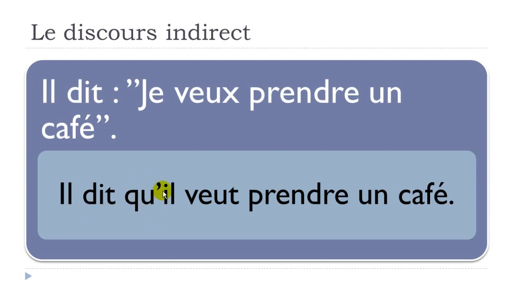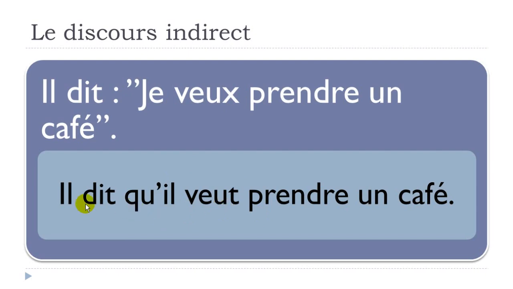So you will put this que, as we had previously, and you will need to change je into il, okay, because that's the subject, il. The verb should be at the third person, so have a look here. First person it's with x at the end, third person is with t at the end. Prendre un café, well, it doesn't change. So normally it's the subject and the verb that will be affected if they are, okay?